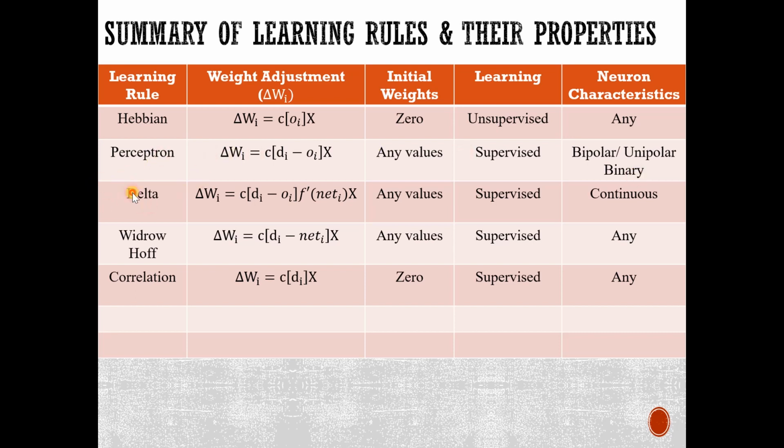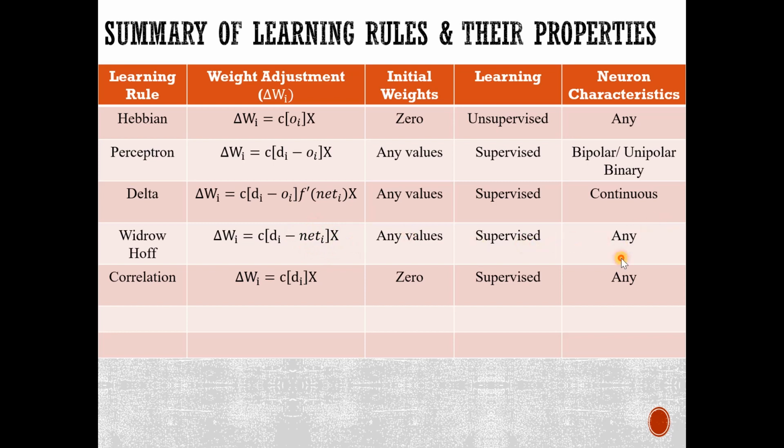The delta learning rule is only used for continuous activation functions and not discrete. That is the reason there is an extra term here, f'(net), the derivative of the activation function, which is included here. In the Widrow-Hoff learning rule, rather than mentioning o_i, we directly mention net_i. That is the change in the Widrow-Hoff learning rule.